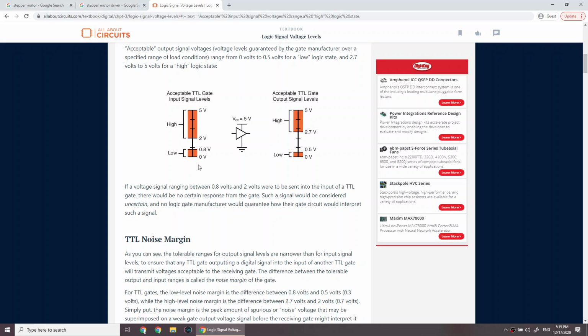Usually the 0 is something between 0 volts and 0.5 or 0.8 volts, depending on the electronic board and the standards that they use. The 1 and 0 are called high and low. Low is 0, high is 1. The high is something between 2 or 2.7 volts up to 5 volts. And again, it depends on the electronic board that you are using.